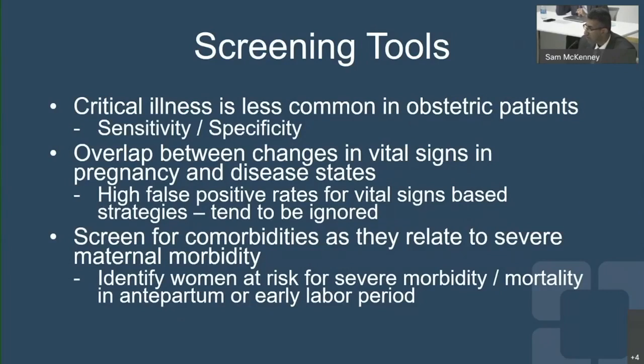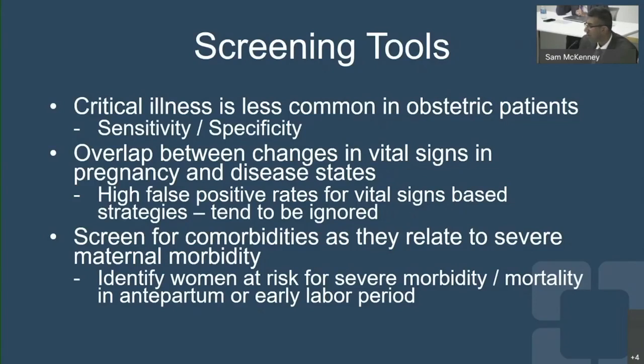There have been a number of screening tools developed to that end to help identify these patients ahead of time. The problem is critical illness is still less common in obstetrical patients than in other populations. So for many of these tools, the sensitivity and the specificity aren't really good. They've used several vital sign-based screening tools.